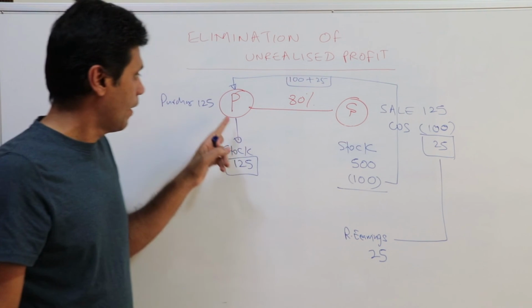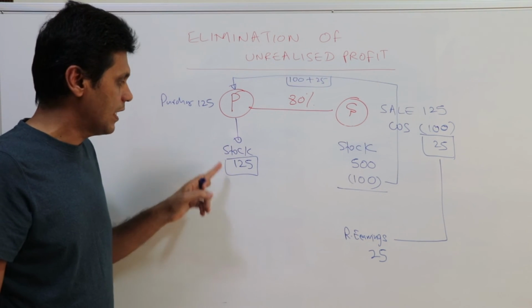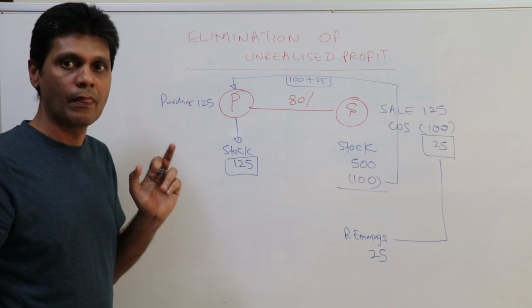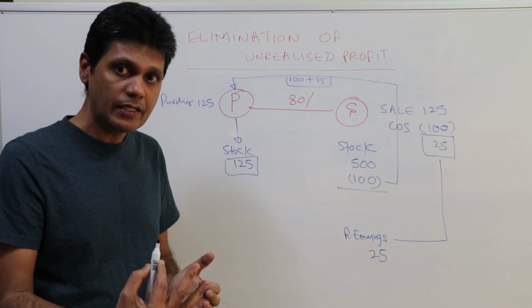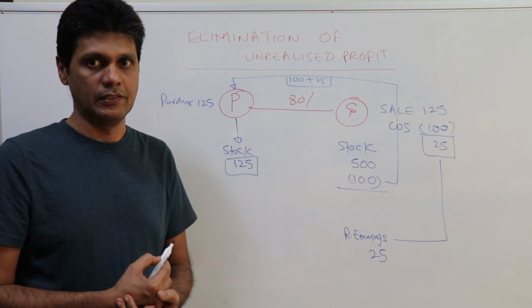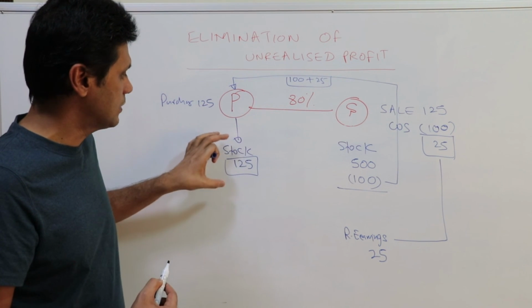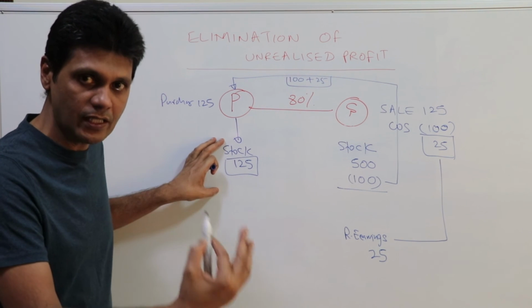In the meantime, P has purchased this 125 and it's lying in the stocks of P company. Let's assume that by the end of the period, the stocks have not been sold by the parent company to outside customers.